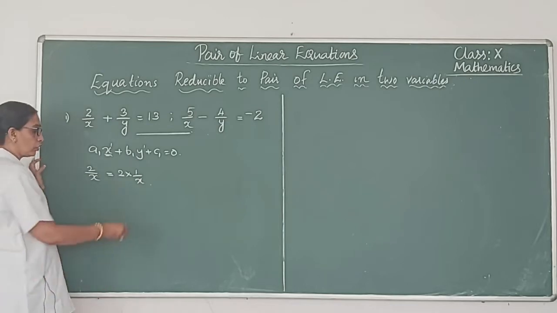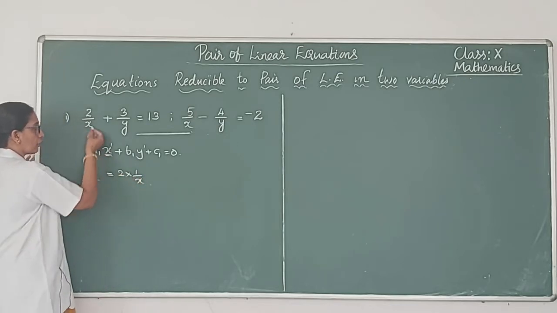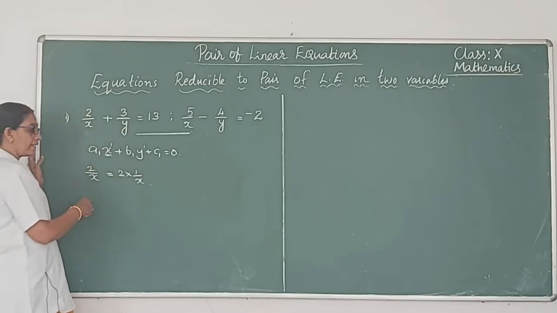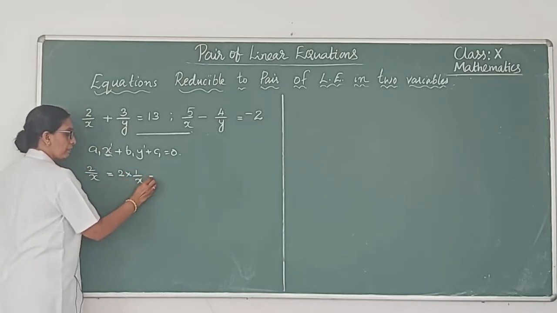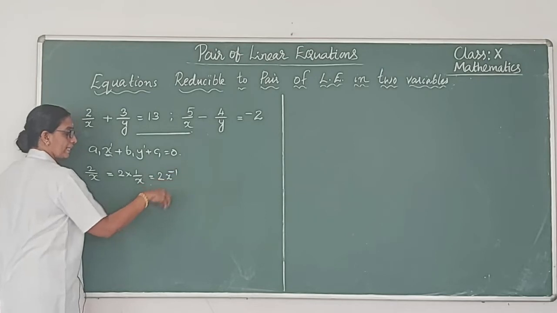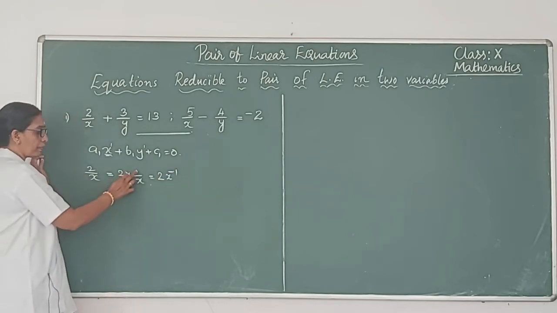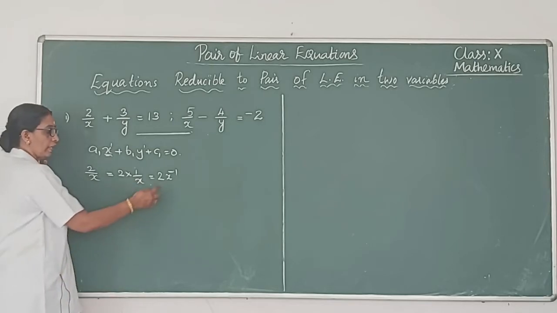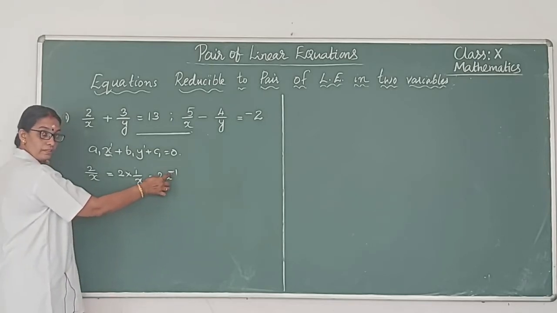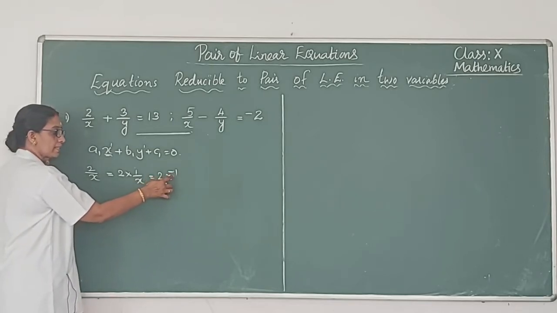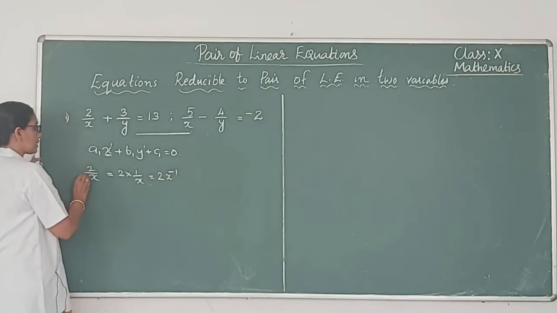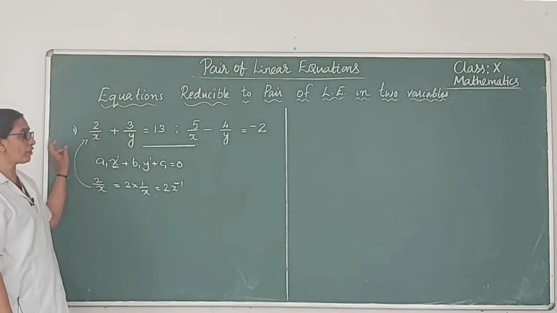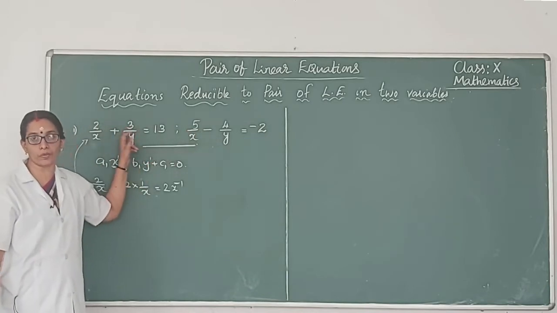When we try to write this equation in standard form, 1 by x will be equal to x raised to minus 1. Isn't it? So now what is the power? Is it 1? No. It means this equation is not in linear form. But we have to solve this pair of equations also.